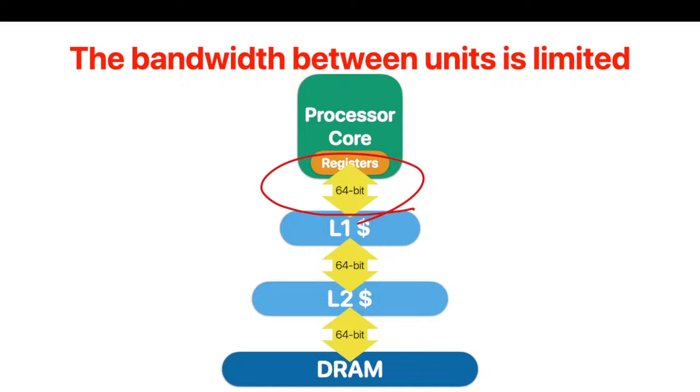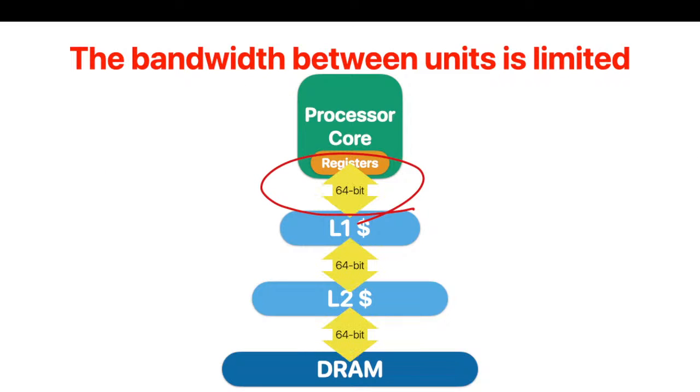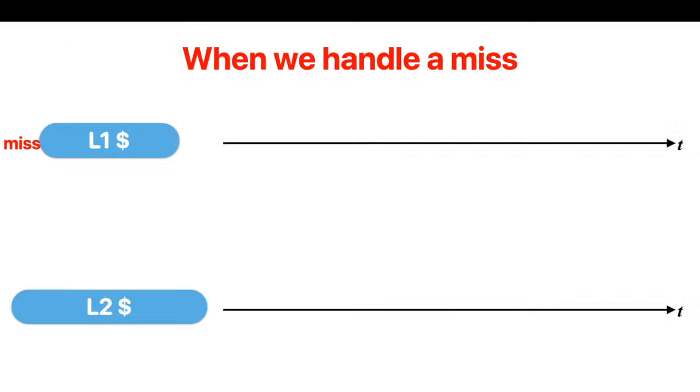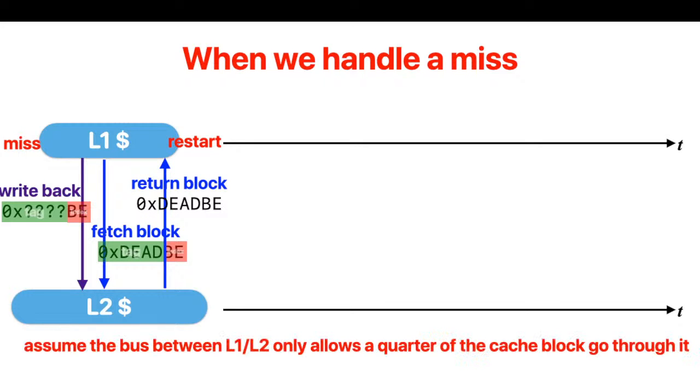So we don't build very wide buses between caches for this reason. The reality is that the bandwidth between each layer is limited. So if you have an L1 miss, we say we want to write back and fetch a block. But if you draw it in a time diagram, what would happen is that you will have to write back the first chunk of your block, because, as we said, a cache block is 64 bytes, but your cache can only write back 8 bytes of data, or 64 bits of data, each cycle.